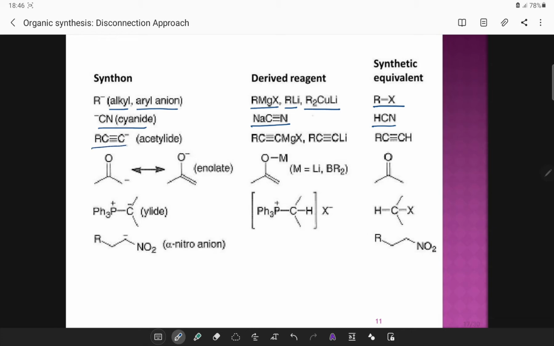The next example is acetylide, where the synthetic equivalent can be an acetylene species and their derived reagent can be a Grignard reagent which is present on an acetylenic species, or an alkylated or an acylated system where there is a presence of lithium. Instead of acetylenic, lithium systems can be present. That can act as a derived reagent.